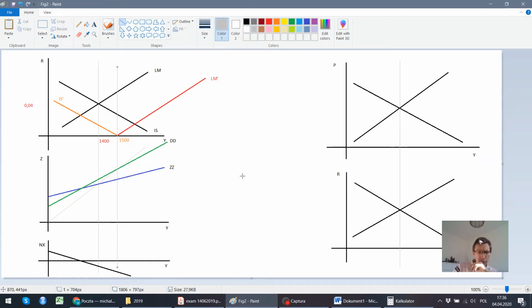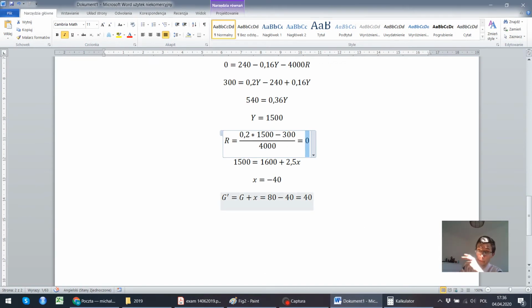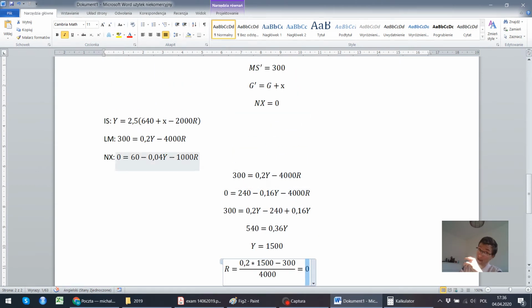So this is the new output level, and we have still one more piece of information because we have to do something with the goods market. So what we know is that in the new equilibrium, net exports is necessarily equal to 0, right? This is what we assumed and what is fulfilled in the new equilibrium.